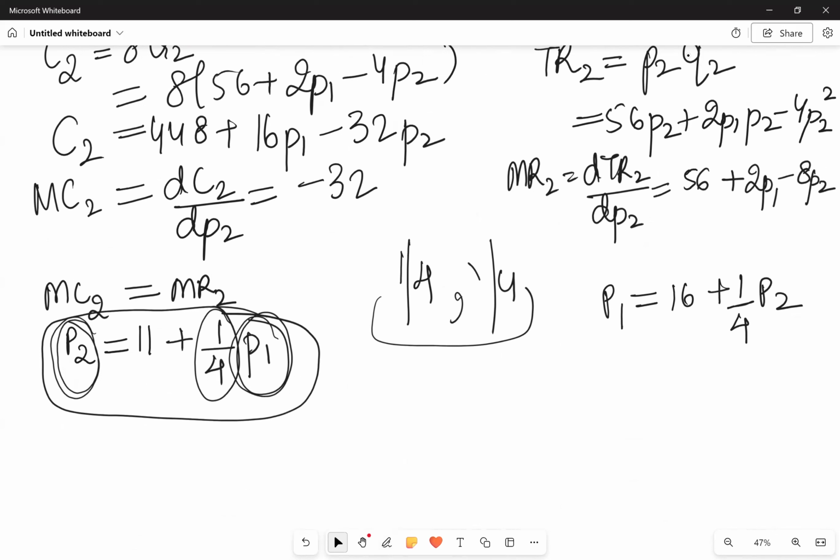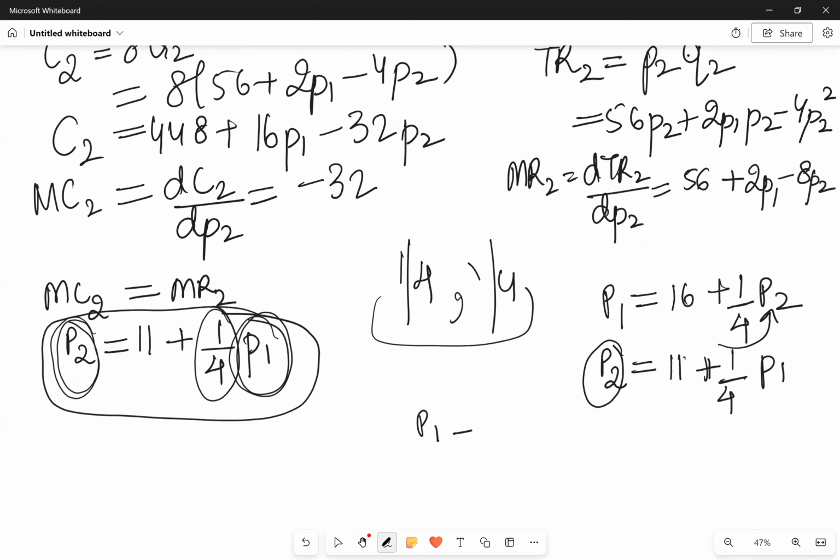This is firm 1's reaction curve, and P2 will be equal to 11 plus 1 by 4 P1.